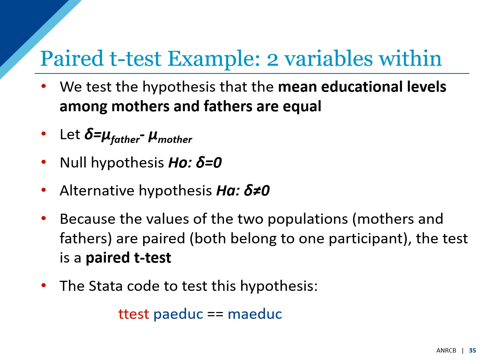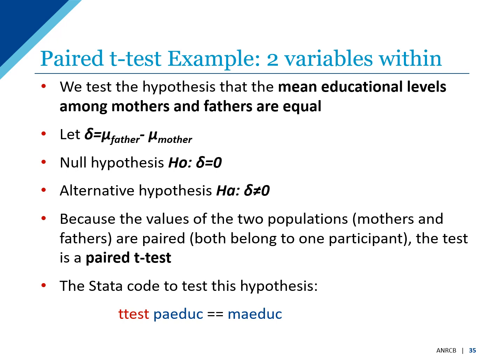We test the hypothesis that the mean education levels among mothers and fathers are equal. To do so, we let delta represent the mean father's education in years minus the mean mother's education in years. The null hypothesis is that this mean is equal to 0. This mean difference is equal to 0, or there is no difference on average between father's education in years and mother's education in years in the General Social Survey.